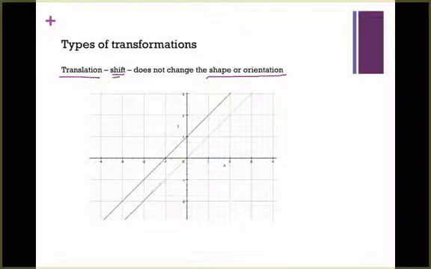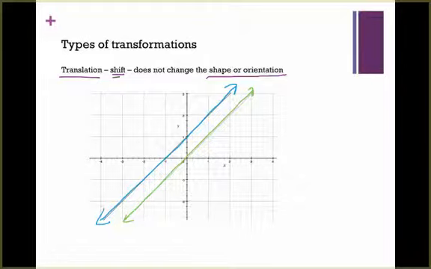Well, if I were to take that graph and just shift it up one, we would get the blue graph that I'm drawing here. That would be a translation because we kept the slope the same, we just shifted it up one.